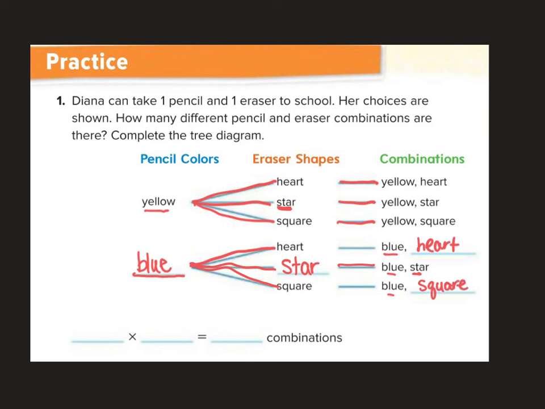So this is showing we have 2 pencil colors, and I'm going to multiply it by 3 eraser shapes, right? Because there are 3 shapes, and we're just doubling it, so we have 2 groups of 3, and that gives me 1, 2, 3, 4, 5, 6 combinations.